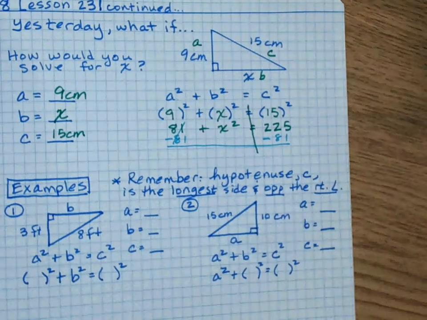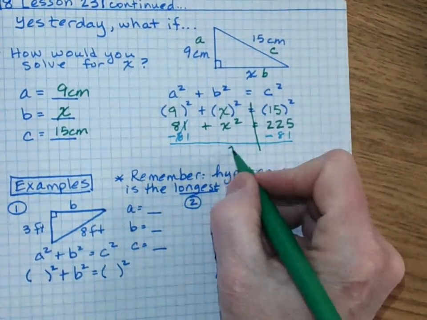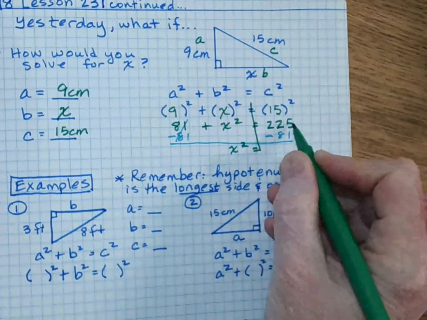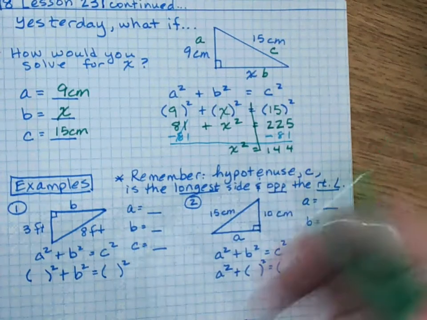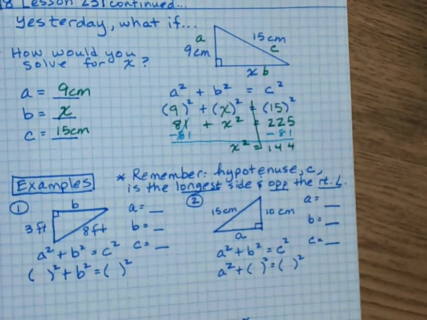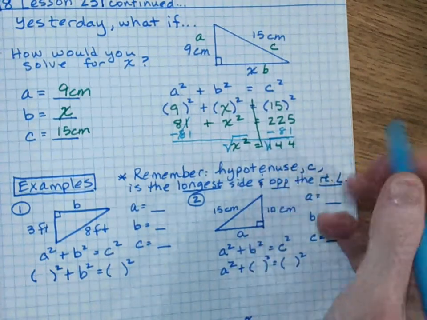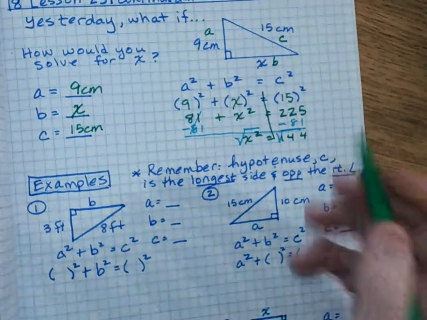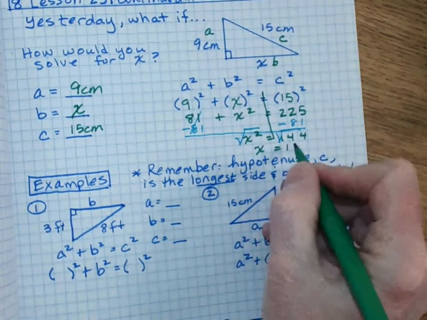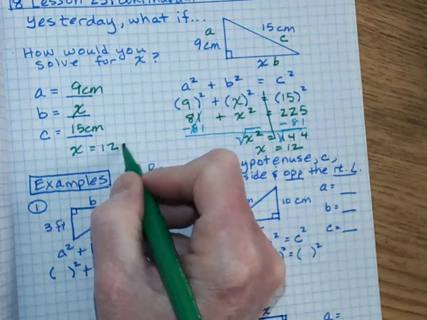When I subtract 81, I get x squared. 225 minus 81 is 144. I get x squared is 144. The inverse of square is square rooting. The square root of 144 is 12. So x equals 12 centimeters.